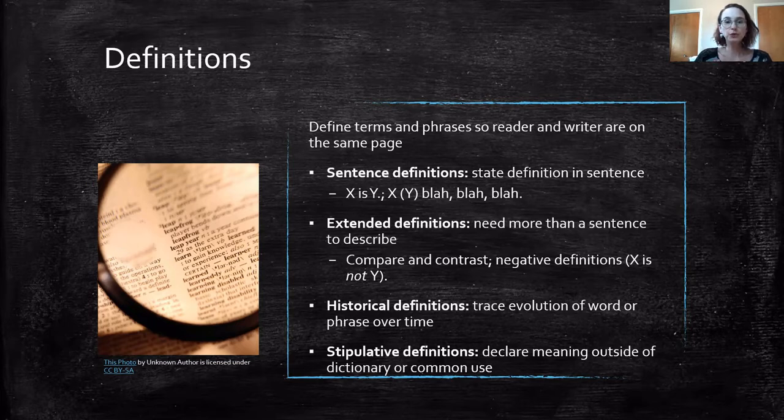Now, sometimes your definition might need more than a simple sentence. So you might need an extended definition. So in this case, you might have to do some comparing and contrasting. So saying, you know, family is similar to these other things. It's different from these other things.